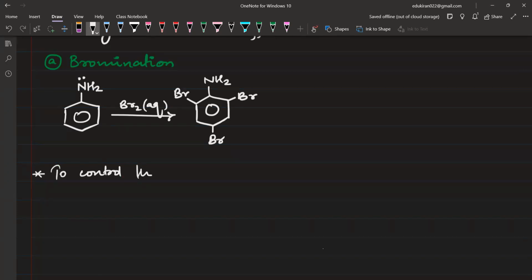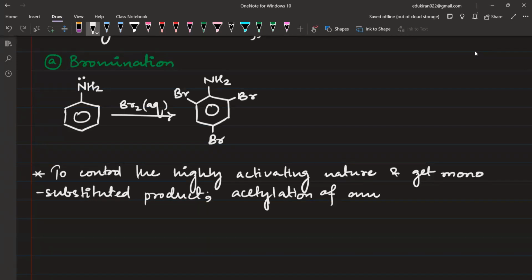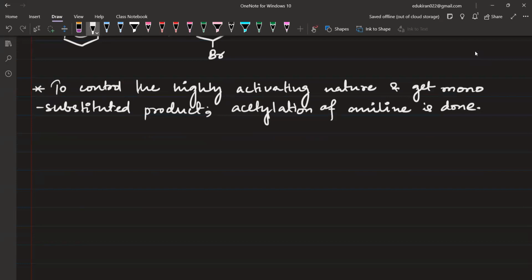Okay. ठीक है. चलिए, right here next, to control the highly activating nature and get mono-substituted product, acetylation of aniline is done. ठीक है. आपसे सवाल आएगा, गिव रीजन acetylation of aniline.